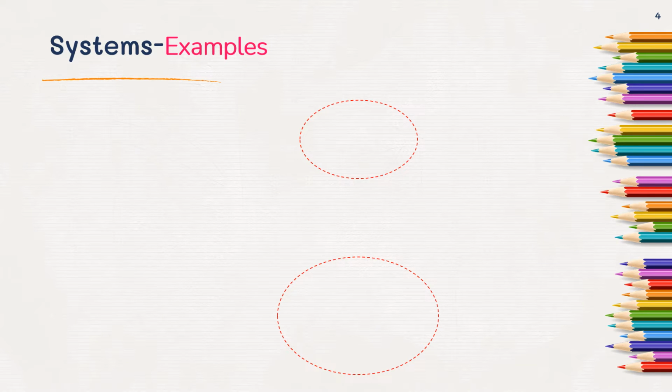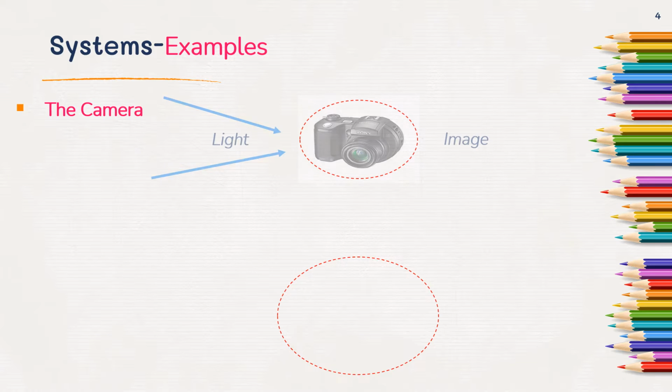Now let us see a few more examples of systems. A camera is a well-known example for a system. You have the input light falling on the camera. The camera captures the pictures, does processing, and you get the image.